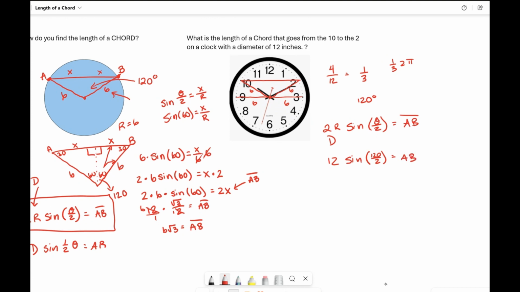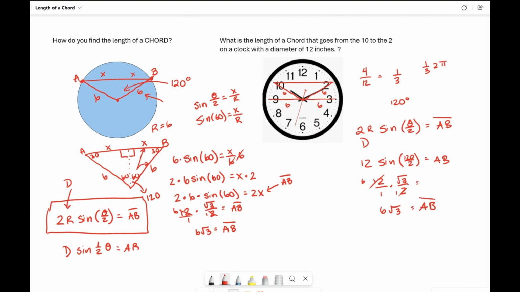Sine of 60 is square root of 3 over 2, and 12 times the square root of 3 over 2 gives you 6 square root 3 equals AB. Same question, just a different context there. All right, so that is how you can find the length of a chord. Even if you do not memorize this formula, you could get to it.